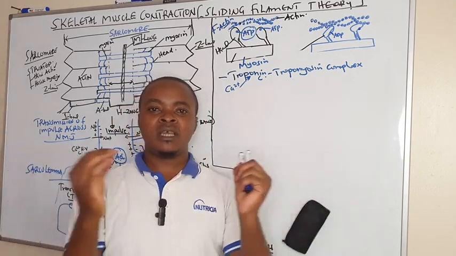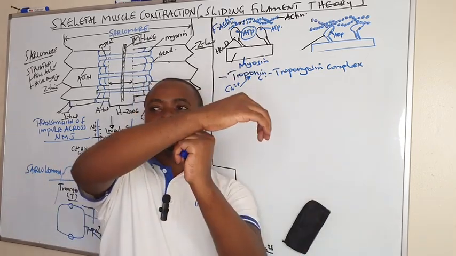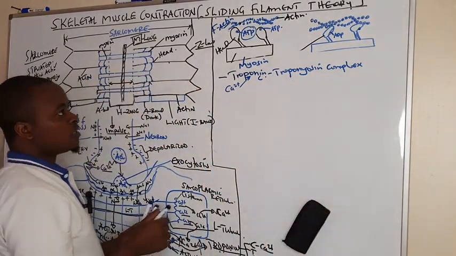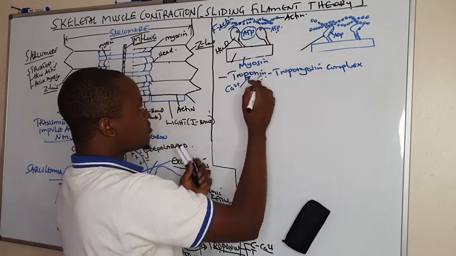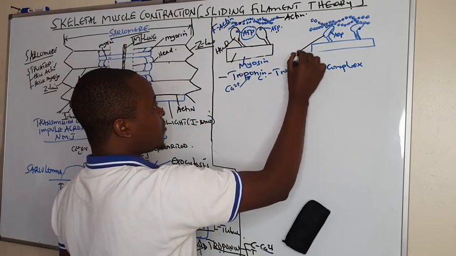It pulls the actin filament to move along. If it binds, then it causes the power stroke, it pulls. That's why we are seeing that this ATP, after the myosin head binding, forms what we call the power stroke.